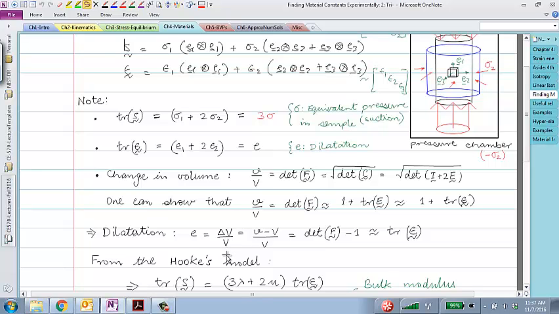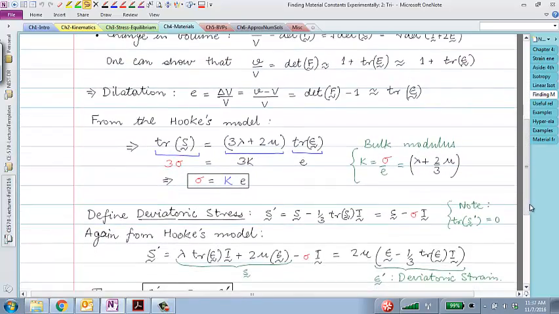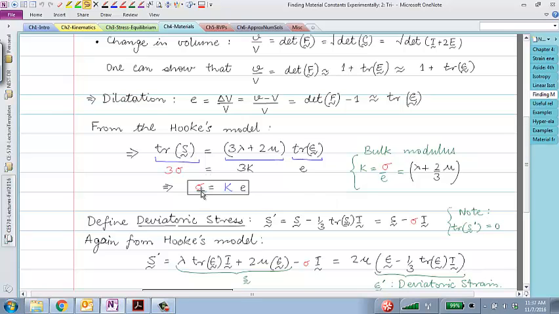We do assume a uniform state of deformation in the sample, but in general, dilation can be different from point to point. And that allowed us to write the equivalent pressure in terms of the dilation. So at a point, if you know the dilation, then bulk modulus is what relates the equivalent pressure to the dilation.